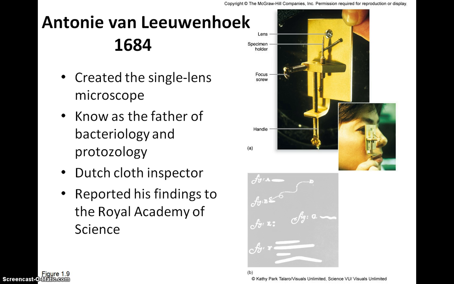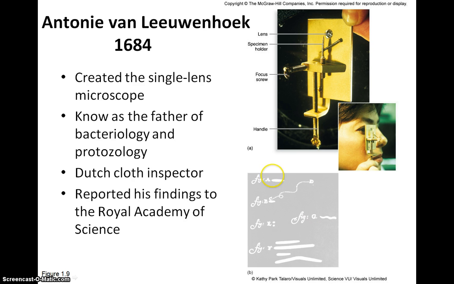Now, similarly, Antonie van Leeuwenhoek, a little bit later in the late 1600s, was a Dutch cloth inspector. He actually used microscopes and lenses in order to do thread counts and determine the value of cloth. When he was doing this, he used a single lens microscope, and he was able to see these tiny little organisms.